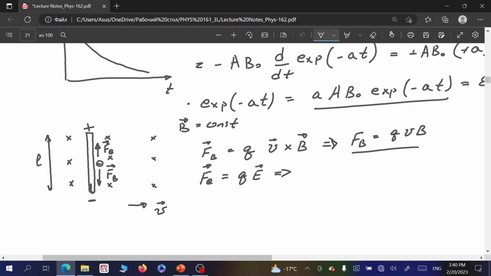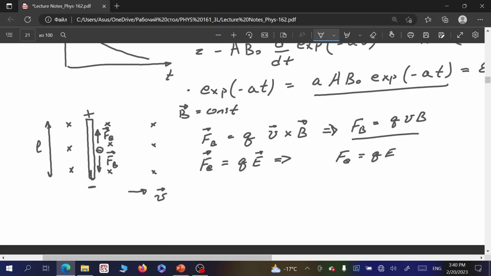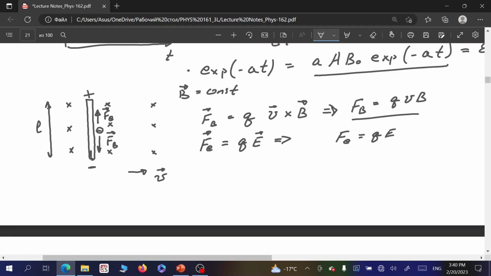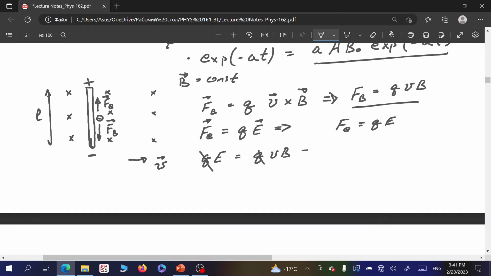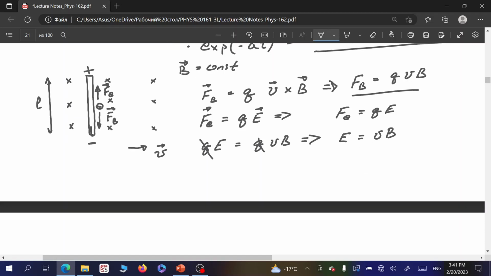Or if we define it in terms of magnitude, Q times E. So now we are looking for the equilibrium condition, when we have steady state, Q times E is equal to Q V times B. Cancel out this Q, and eventually we get an expression for the electric field magnitude, which is induced in this straight conductor because of uniform motion with given velocity vector v in external magnetic field B, perpendicular to this velocity vector.